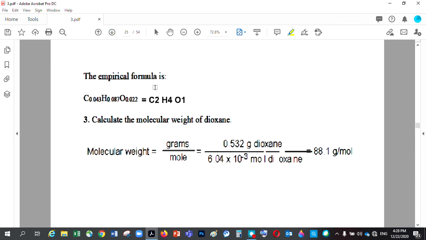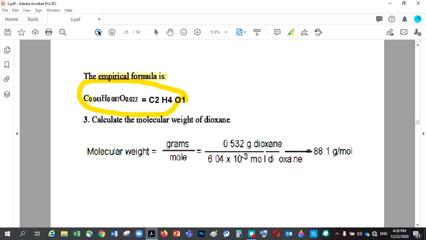Here it is. I have the empirical formula, let me see here. Carbon is 0.043 moles, hydrogen is 0.087, and oxygen is 0.022.